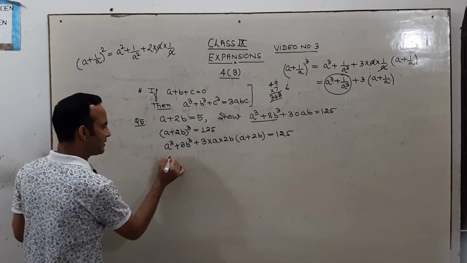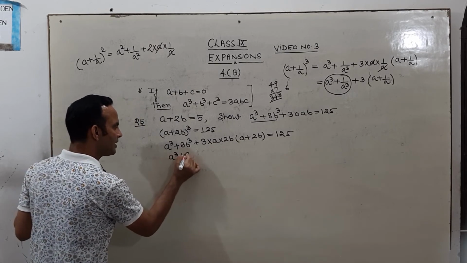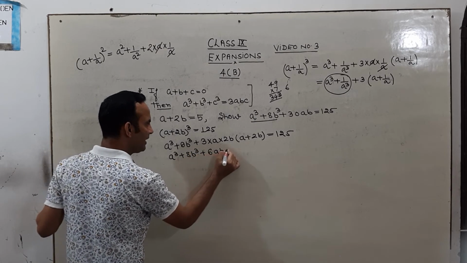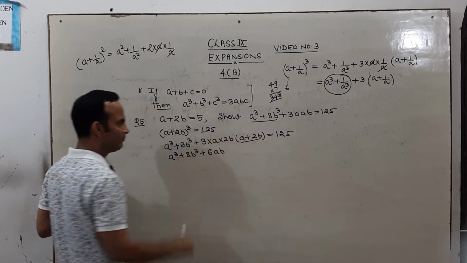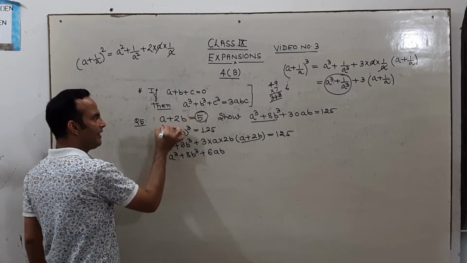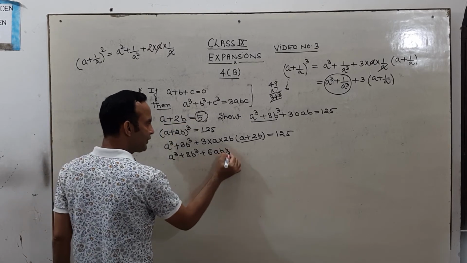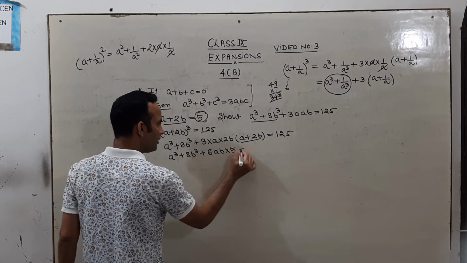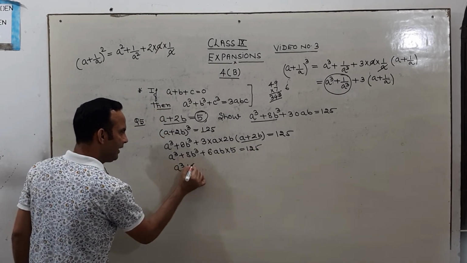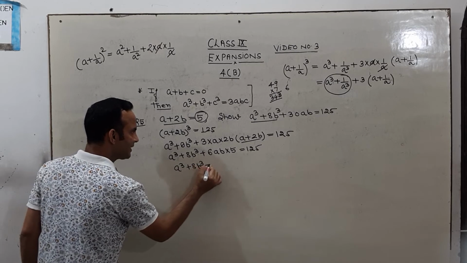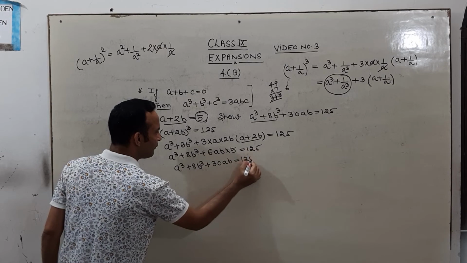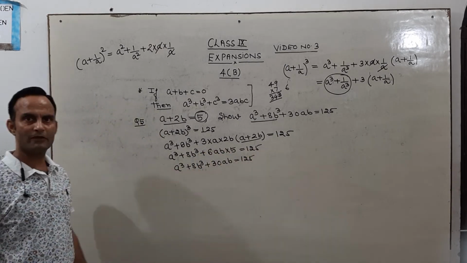Now dear students, this will become a cube plus 8b cube plus 6ab multiplied with a plus 2b. My dear students, you can see the value of a plus 2b is 5. Substitute the value of a plus 2b here. A cube plus 8b cube plus 6 fives, 30 times of ab is equal to 125. This is the solution of question number 5, my dear students.